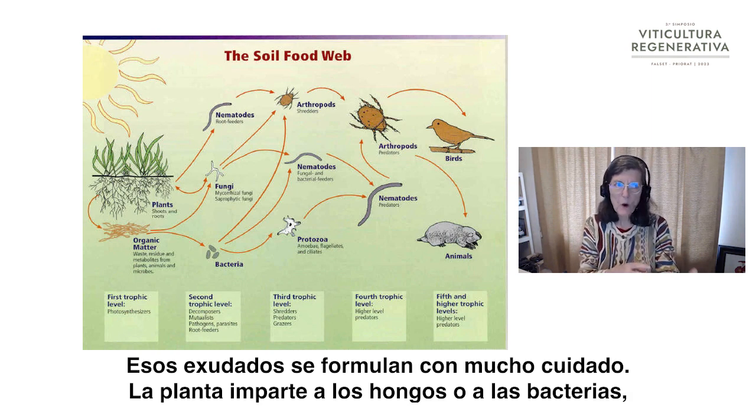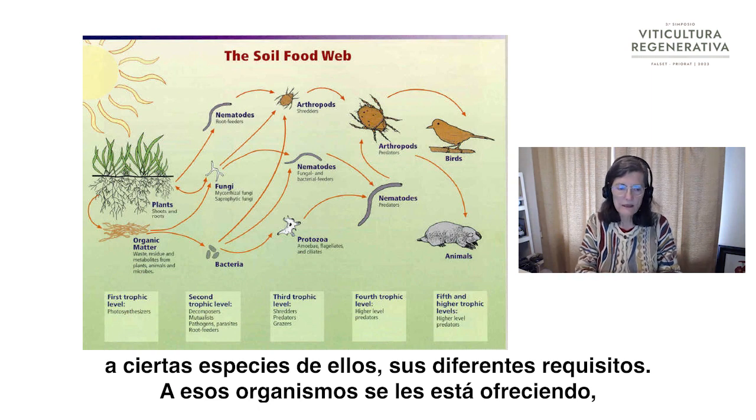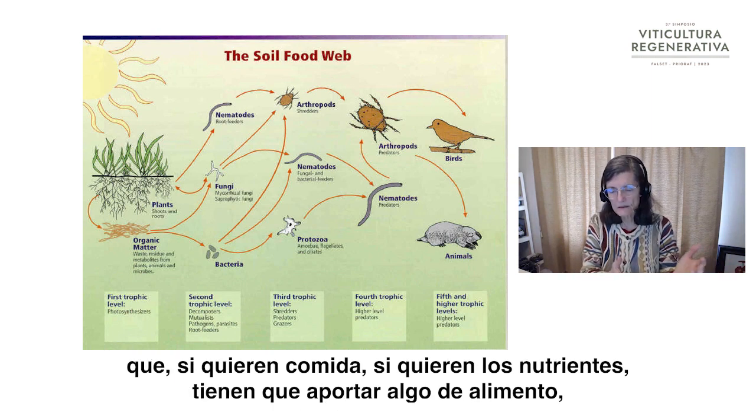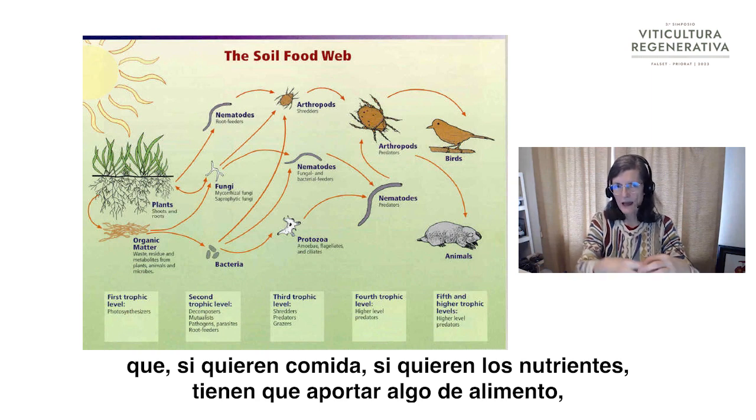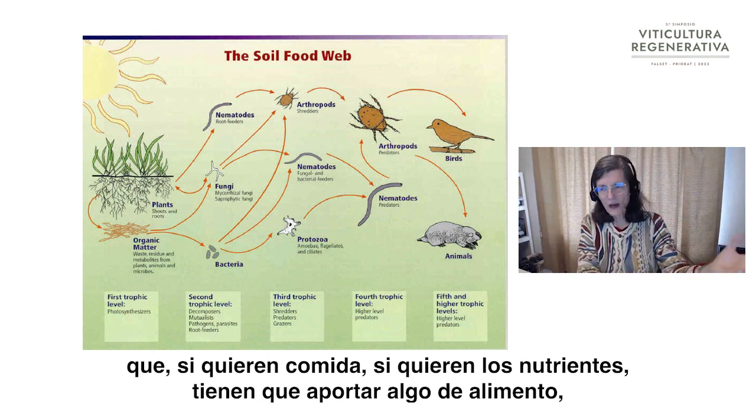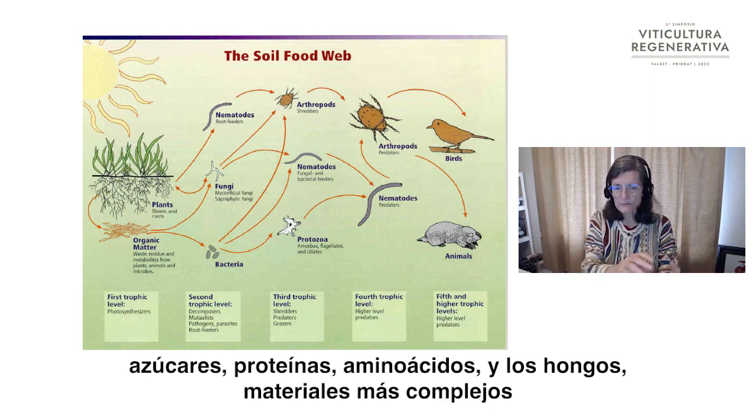Different requirements by the plant are going to be imparted to certain species of fungi or bacteria. Those organisms are being offered basically that if you want food, if you want the nutrients, you've got to feed it some food, some sugars and proteins, amino acids, fungi, more complex materials.